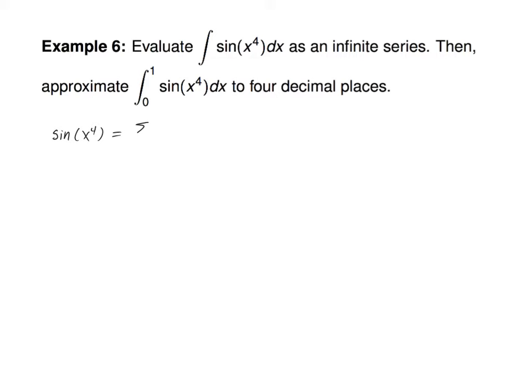So that'd be a sum from n equals 0 to infinity, -1 to the n, something to the 2n plus 1 over 2n plus 1 factorial. What goes in for my something? x to the fourth.